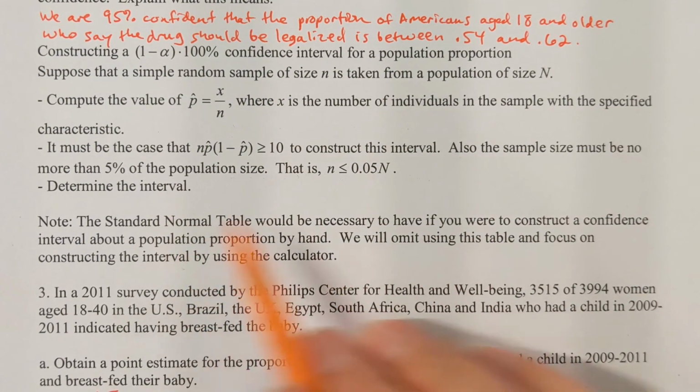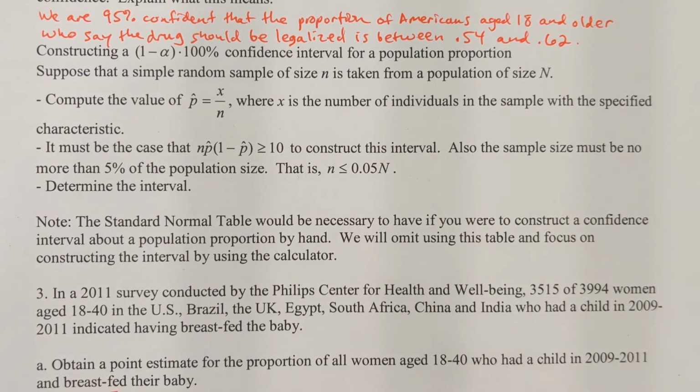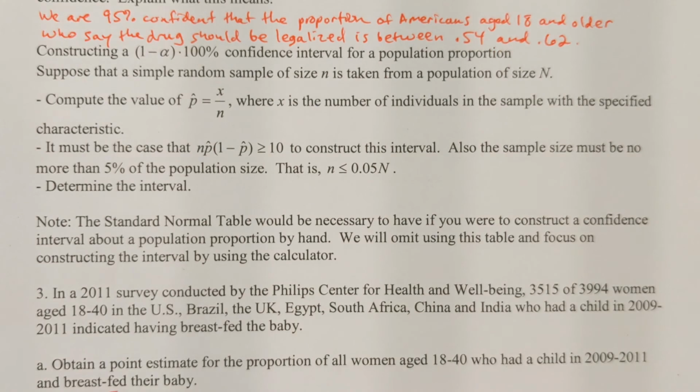Okay, now there's a note below that the standard normal table, this table that we've been using a lot here for various other problems, would be necessary to have if you were to construct these confidence intervals by hand. Okay, but we're going to omit the table and focus on constructing intervals by using the calculator.